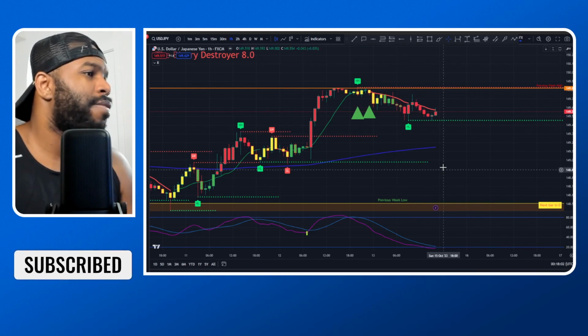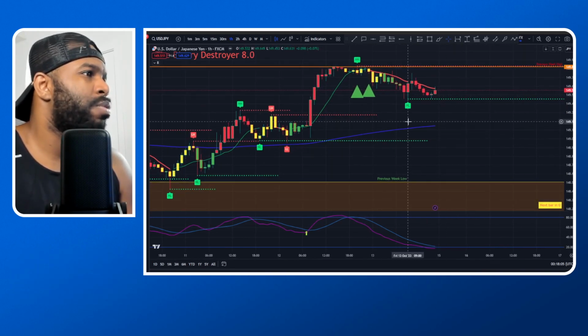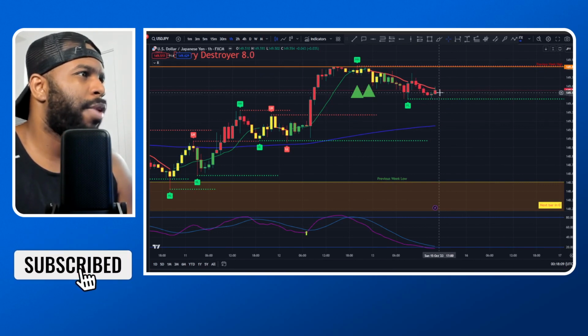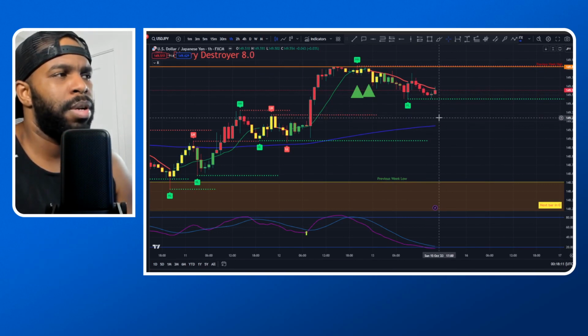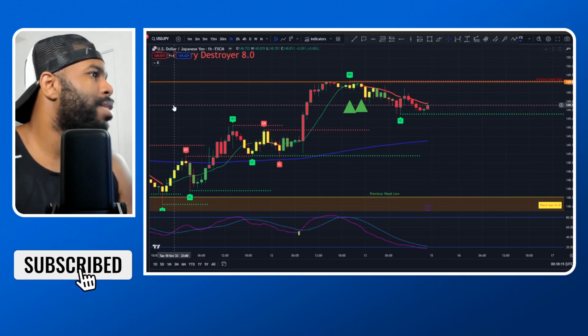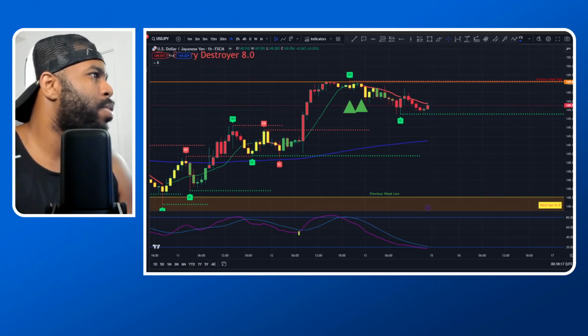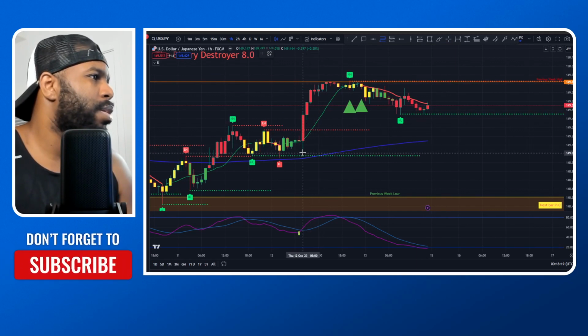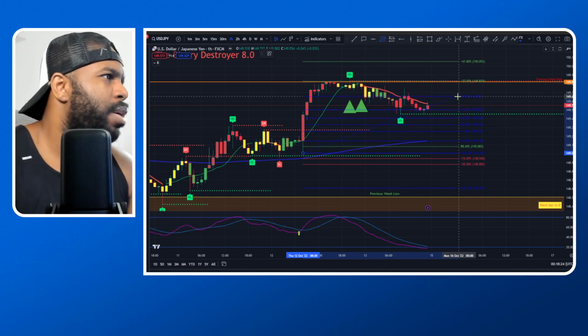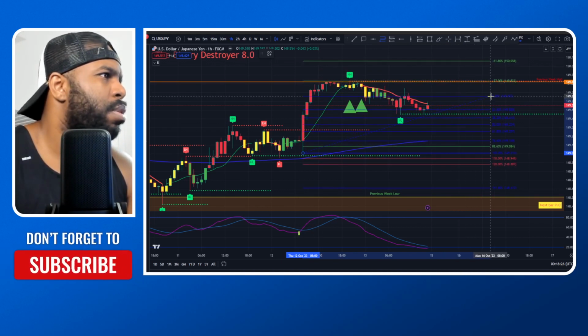I feel like this has potential for price to come back down a little bit more. I think price is going to come back down a little bit more and then shoot back up. But what I was looking at last week, I was using the Fibonacci retracement tool here.